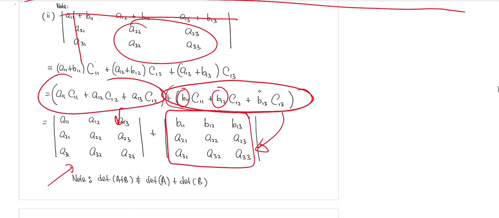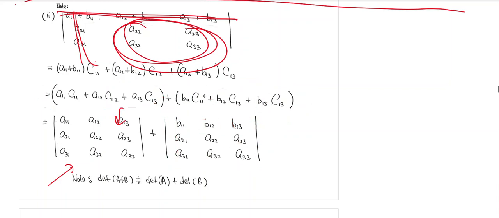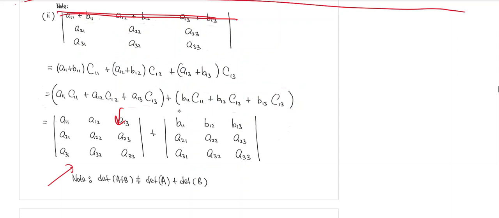So the B11, B12, B13 obviously come from here. And then the C11 is the C11 from here, right? You see that? That is the same thing as the C11 from here. So actually, when you compute this with C11, C12, C13 coming from this original matrix, you are actually computing the determinant for this matrix. So you will see that the determinant for matrix A plus B might not be this.